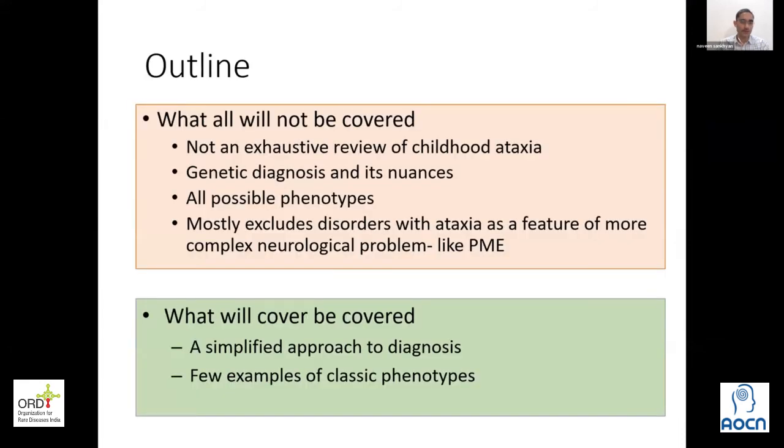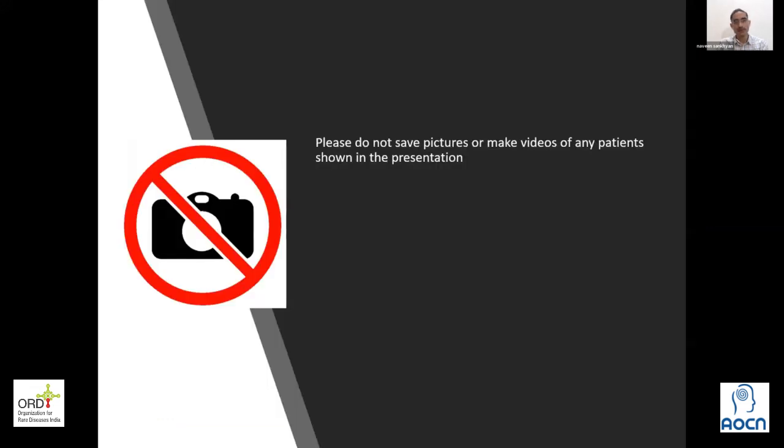So this is a large group of disorders, and the outline of my presentation would be not to cover each and every cause of ataxia in childhood, and also not to discuss the genetic diagnosis and its nuances in childhood ataxia, but primarily focus on a simplified, pragmatic approach to evaluating a child with ataxia, giving few examples of classic phenotypes. And I would request that at least the pictures of the patients or videos of patients be not saved in respect of their privacy.